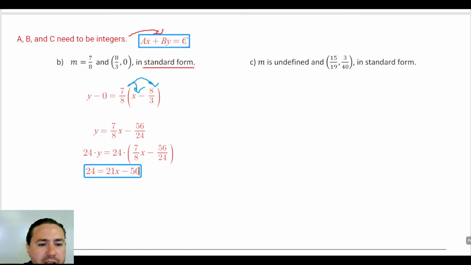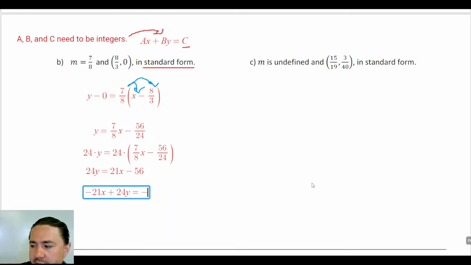So our goal here is to get this constant isolated, get our x and our y on the same side. I left a y out there. Last thing to do here is to subtract that 21x over from both sides. So I get negative 21x plus 24y equals negative 56. And that'll be our equation in standard form, okay?